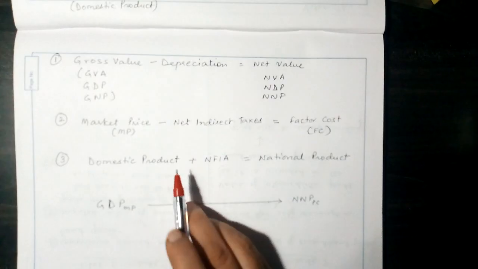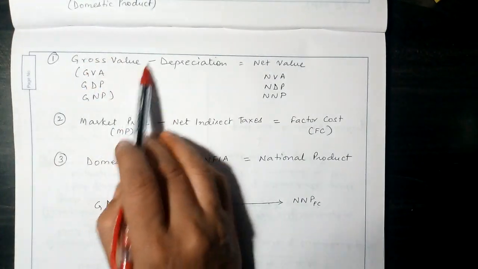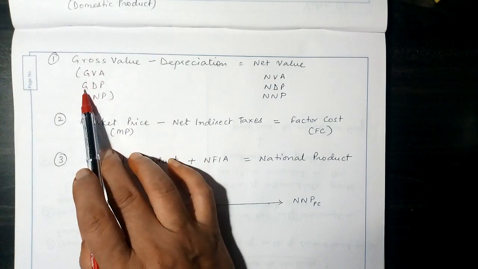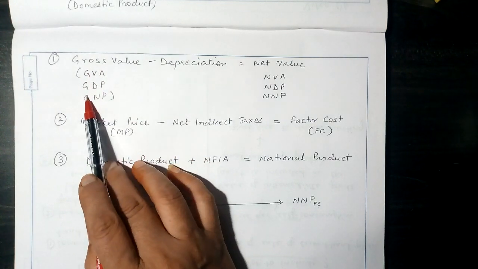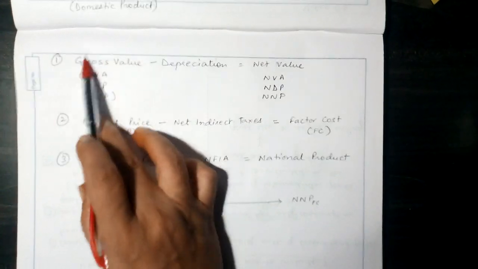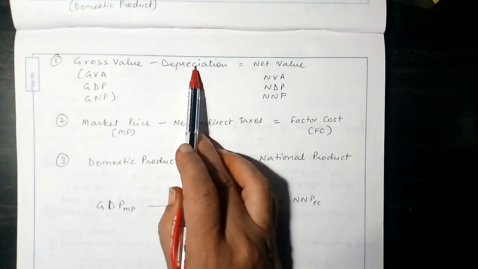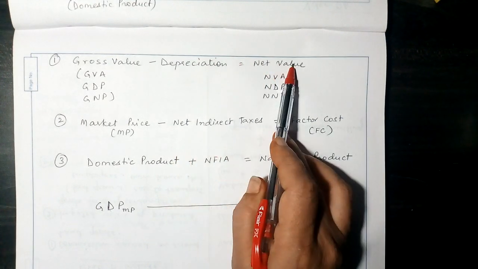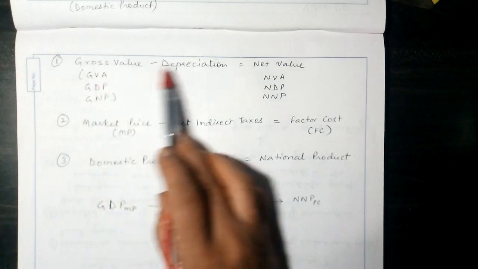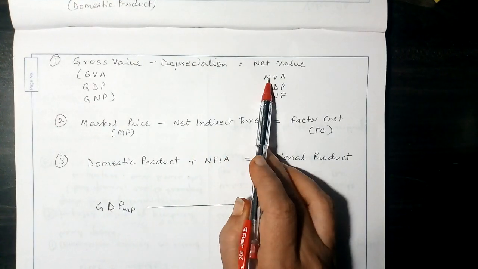Let's understand them individually. The gross values can be gross value added, gross domestic product or gross national product. Minus depreciation, any gross value minus depreciation would give us the net value, the corresponding net value. Gross value added minus depreciation gives us net value added.